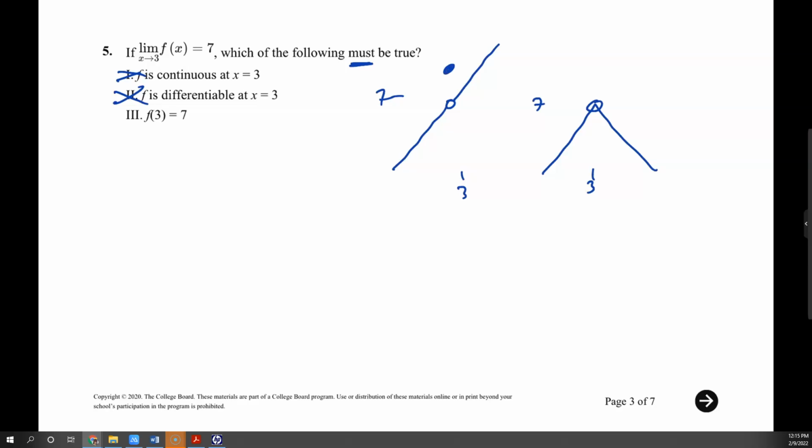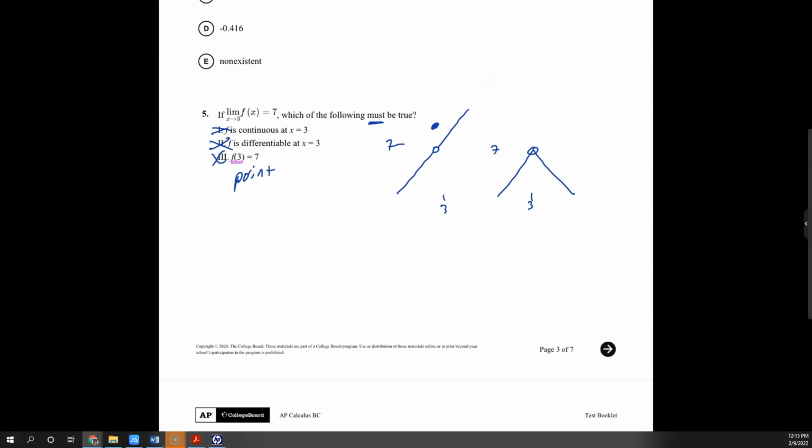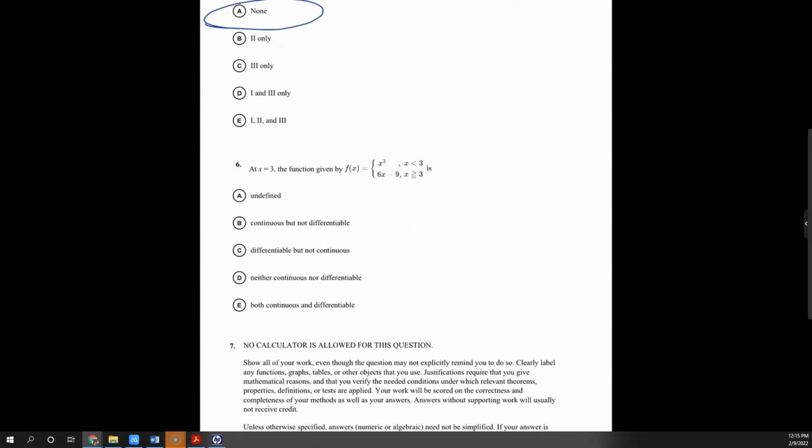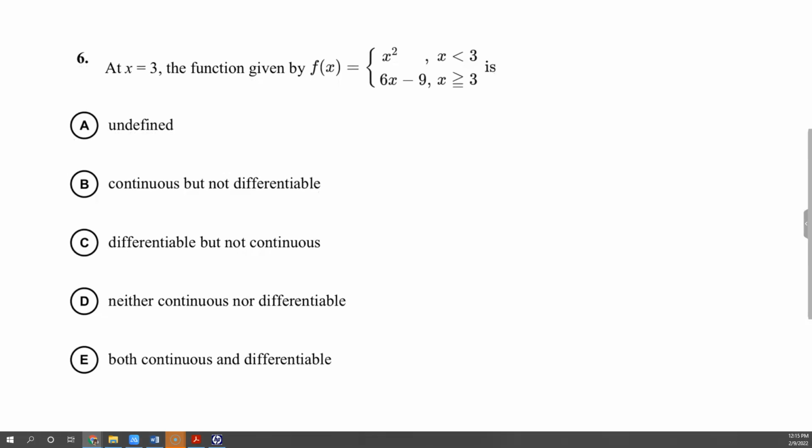Remember, this means point. So the point could be like f of 3 equals 9. So guess what? None of the following are true. So when it's none, you know? It's like, jeez.